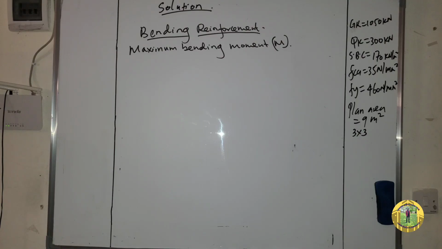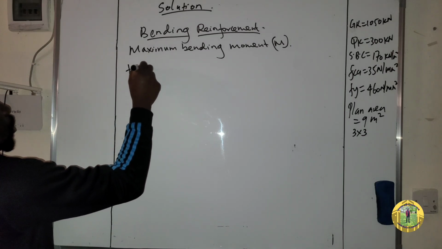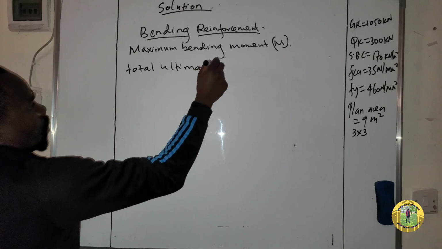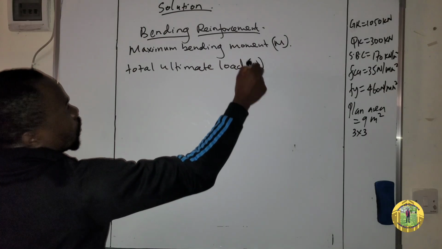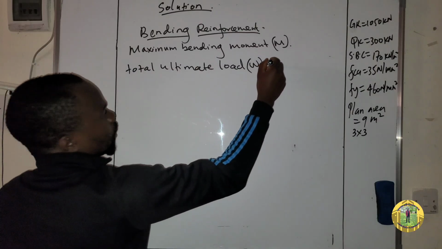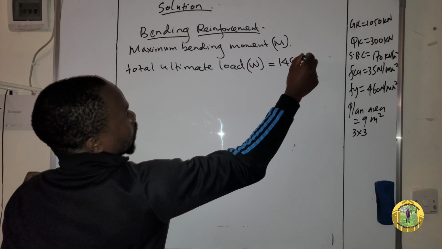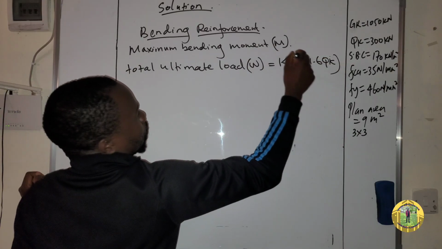Number one, we need total ultimate load, which is W. This one is given by 1.4 GK plus 1.6 QK.